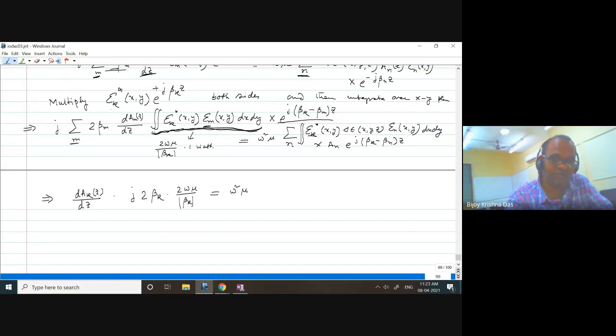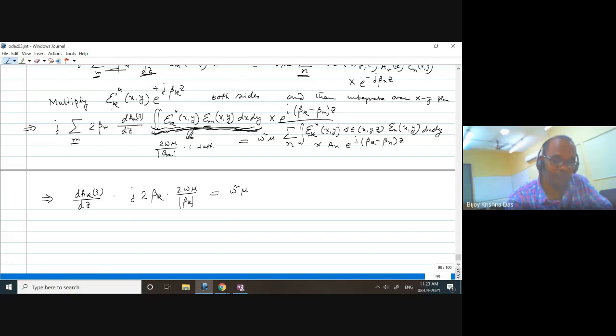So the integration will exist when these are simultaneously non-zero. Some value will be there, but you cannot use the orthogonality condition here, because the perturbation term is involved.